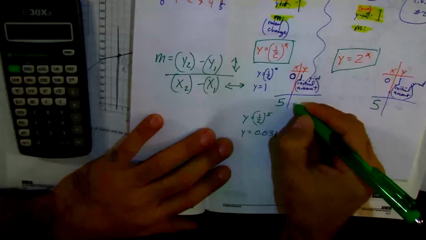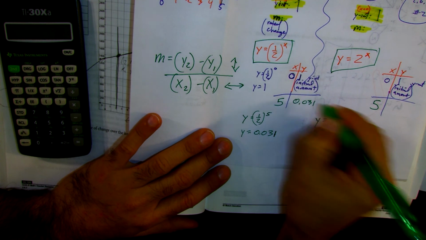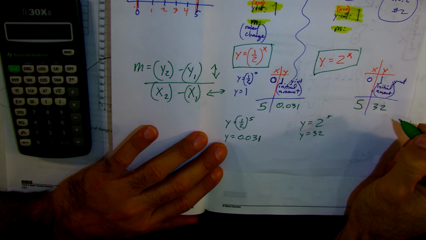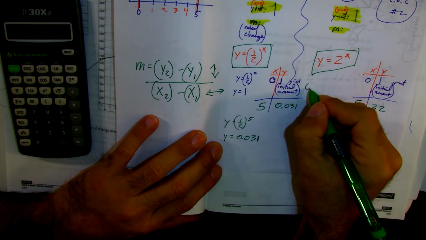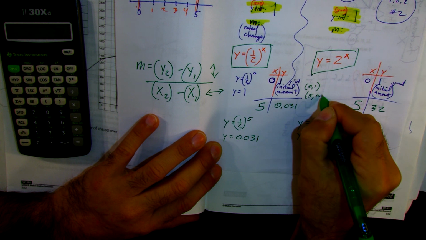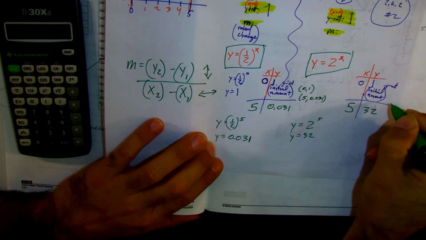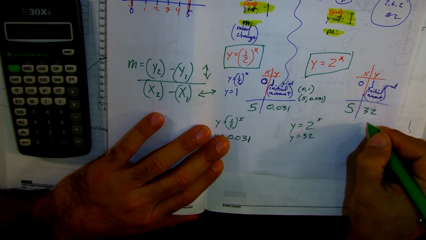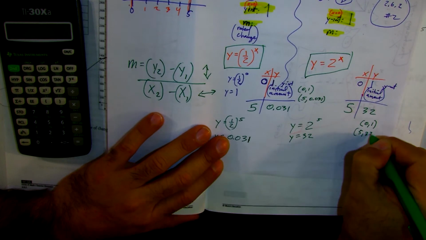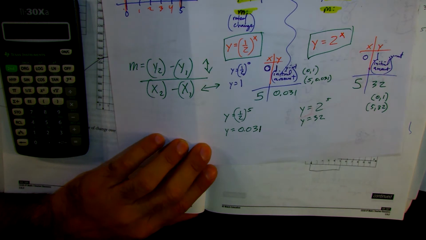Now, what did we just figure out? We figured out that this one is 0.031. We figured out that this is 32. So what I have are these 2 points now: (0, 1) and (5, 0.031). Over here I have (0, 1) and (5, 32).